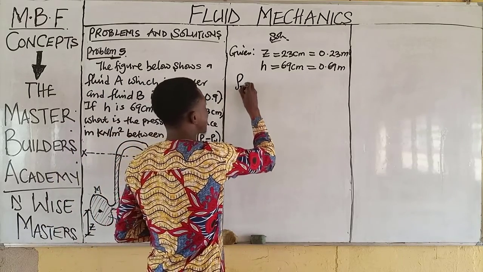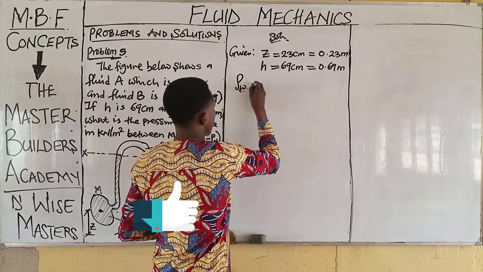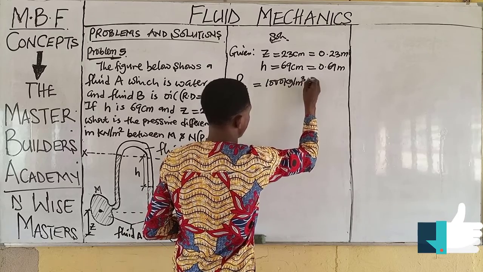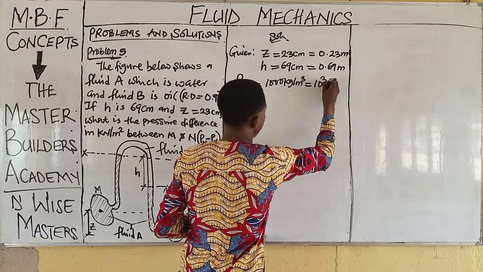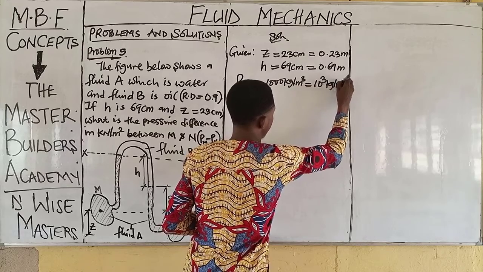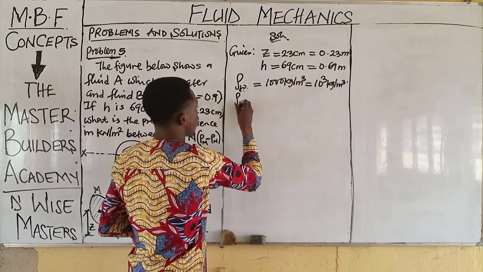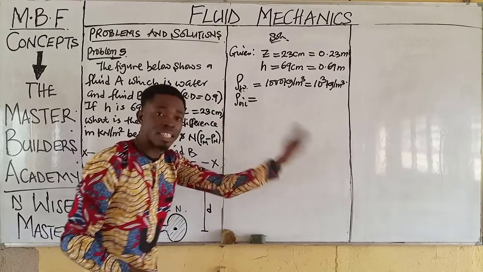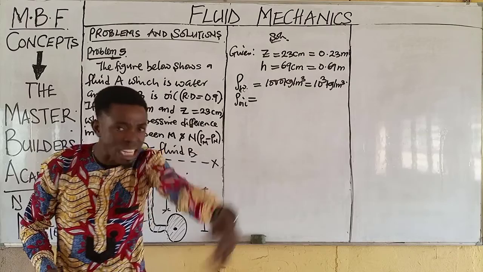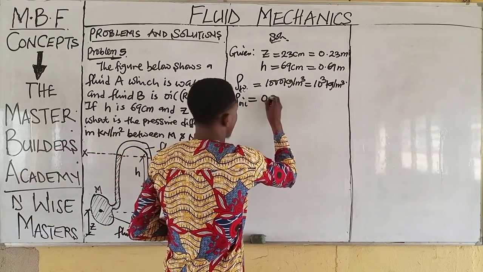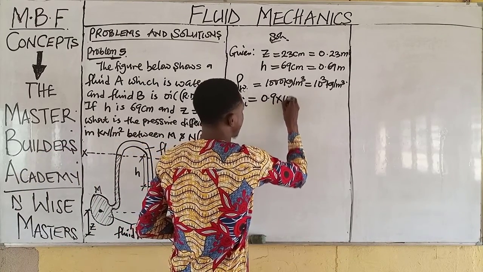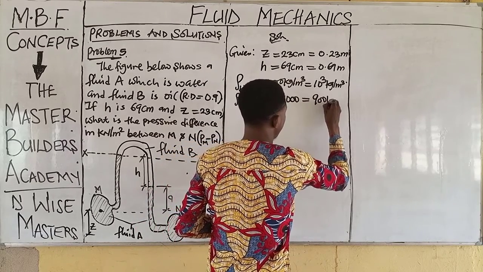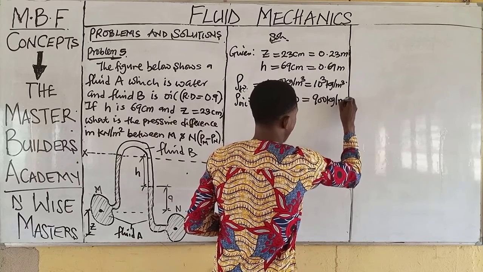Water has a standard density of 1,000 kilograms per cubic meter, which we can equally write as 10 raised to the power 3 kilograms per cubic meter. While the density of oil is equal to the relative density of oil multiplied by the density of water. The relative density of the oil given is 0.9, multiplied by the density of water, and when we multiply out, this gives us 900 kilograms per cubic meter.